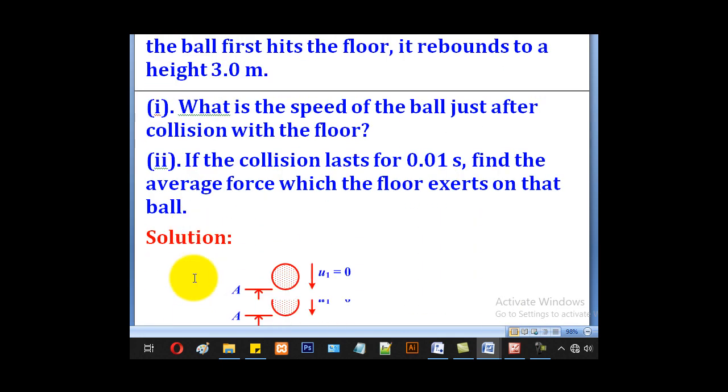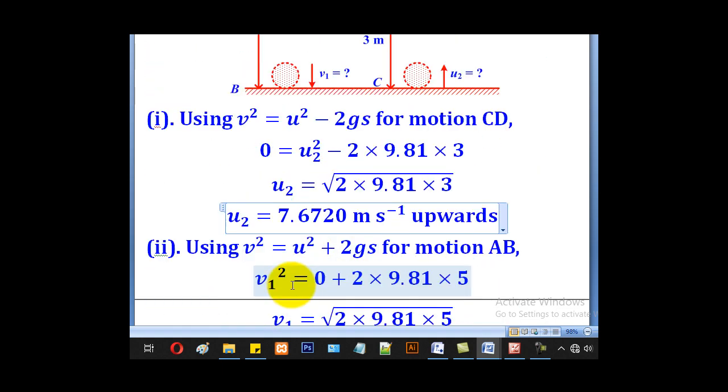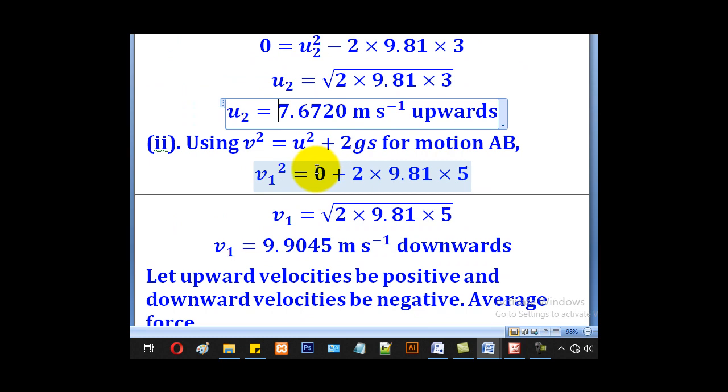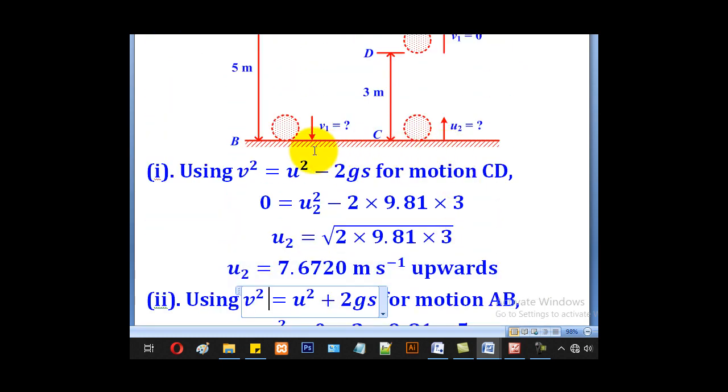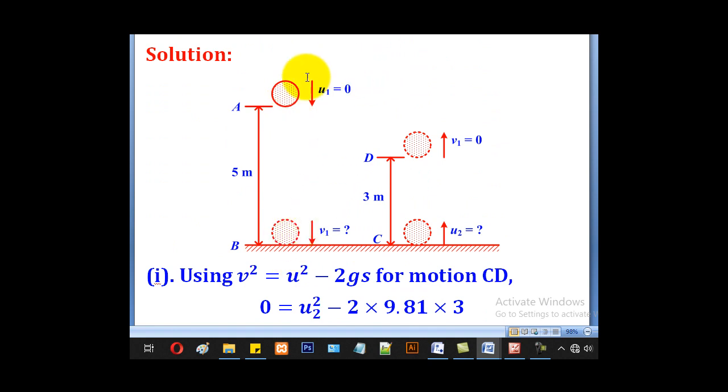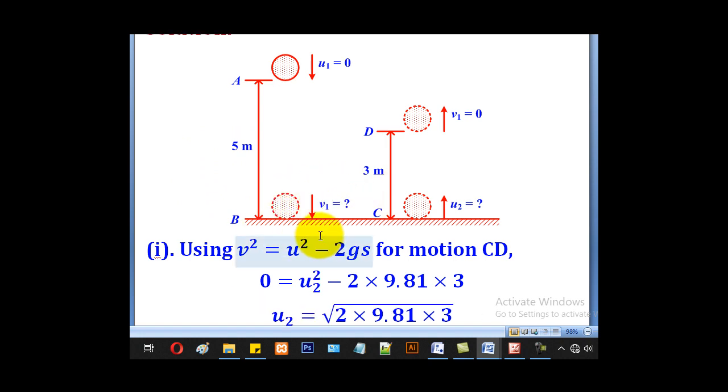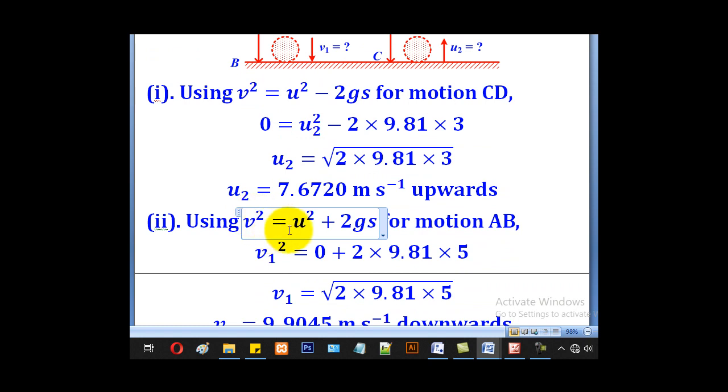Roman 2, they say that if the collision lasts for 0.01 seconds, find the average force which the floor exerts on the ball. So the time is known, it is 0.01. So we shall first consider motion AB. Motion AB, we have initial velocity, we have the displacement, but we don't have the final velocity. So we shall first get the final velocity from the third equation of motion.